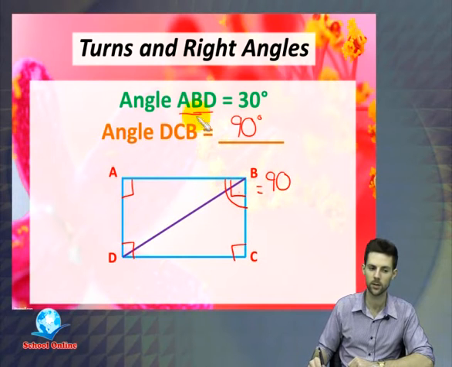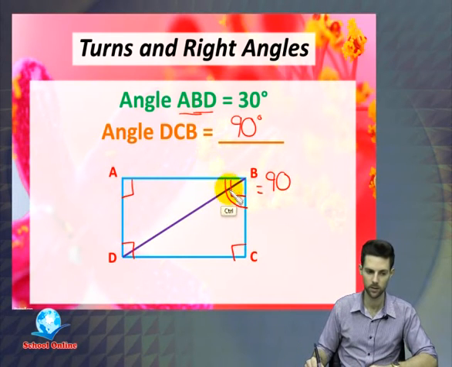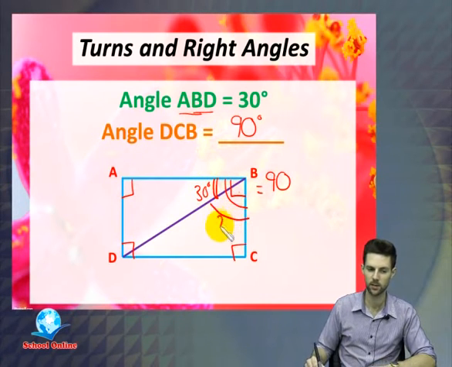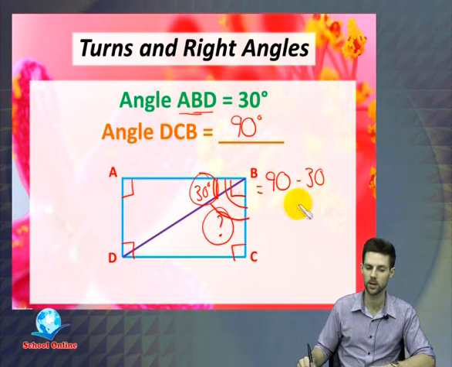And we know that angle ABD, this angle here, is 30 degrees. So what is the rest of the angle? 90 minus 30. So we know this is 30, and we want to find angle DBC. The answer equals 60. 60 degrees.